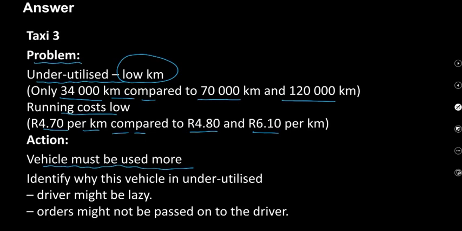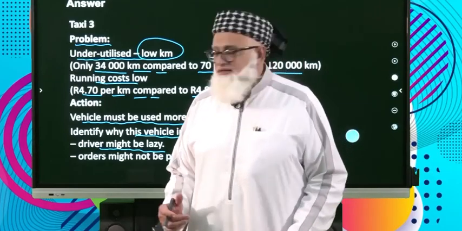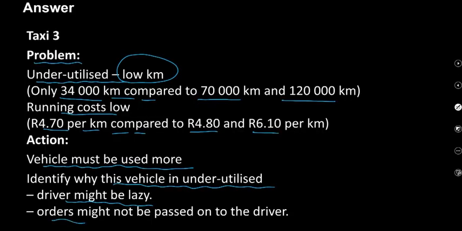Identify why this vehicle is underutilized. It's a possibility that the driver may be a lazy person, or the driver may not be getting the orders for the relevant trips to be undertaken. So the orders may not be passed on to the driver. It may not necessarily be a lazy driver.